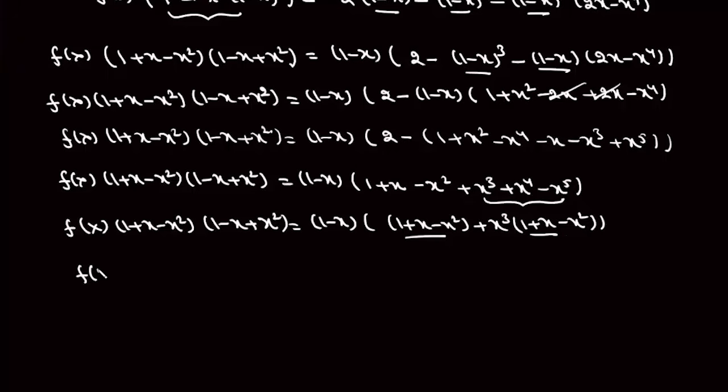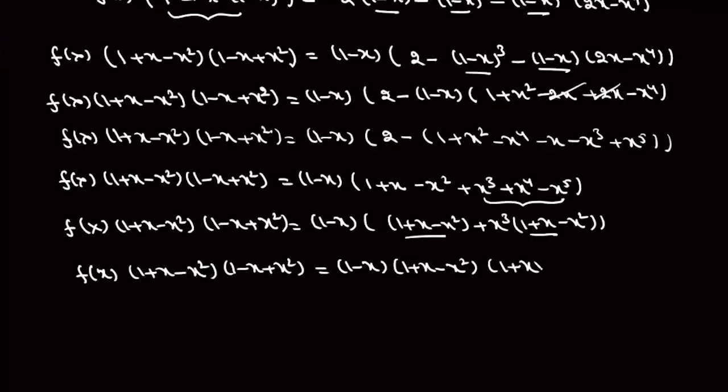So it will be f(x) into (1 + x - x²), (1 - x + x²) into (1 - x), (1 + x - x²) into (1 + x³). Now (1 + x - x²) will cancel, and we know that a³ + b³ is (a + b)(a² + b² - ab).